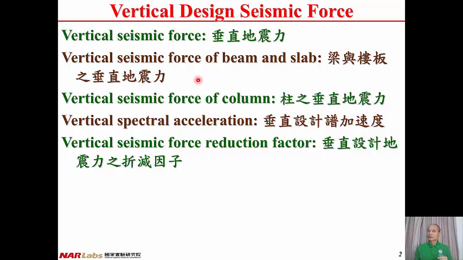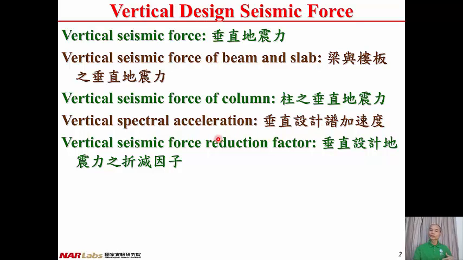Because the fundamental vibration frequency of the vertical component of the beam and slab is different from that of the column, the vertical seismic force of beam and slab is different from that of the column, so they are considered separately. Vertical spectral acceleration, in Chinese, 垂直设计谱加速度.